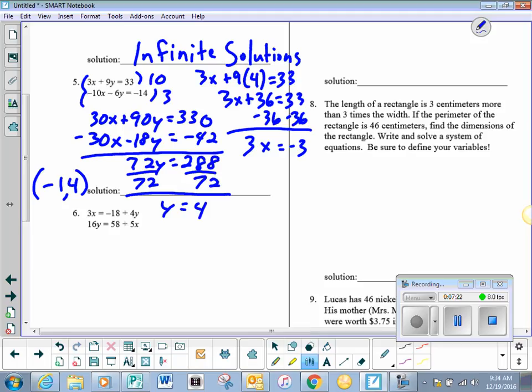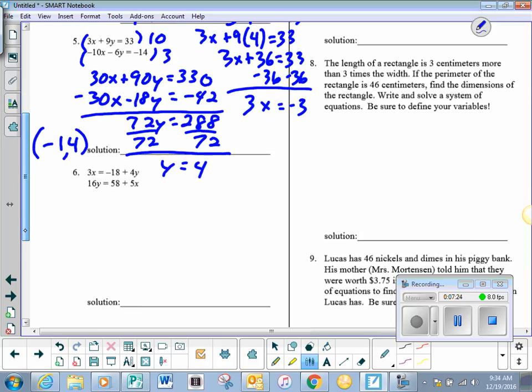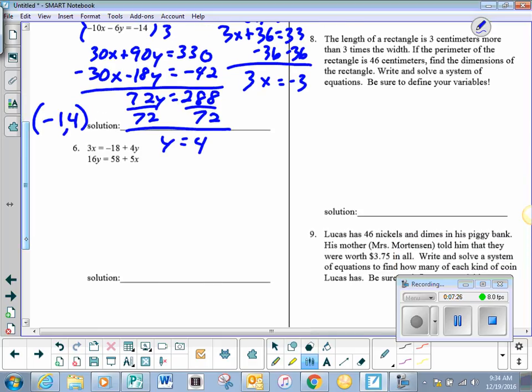Okay. Number 6. Number 6 is funky because it's not in standard form. So I subtracted 4y from both sides and got 3x minus 4y equals negative 18, and over here I subtracted 5x from both sides to simplify. Now they're in standard form.